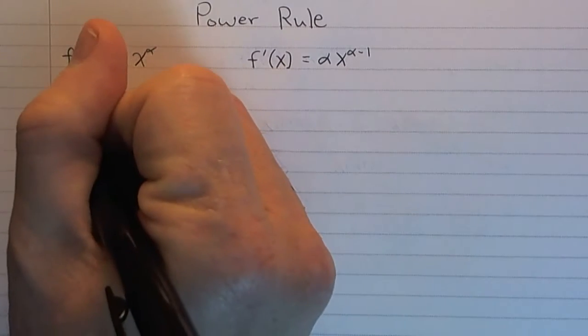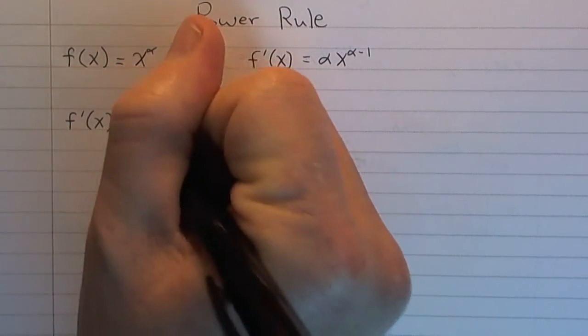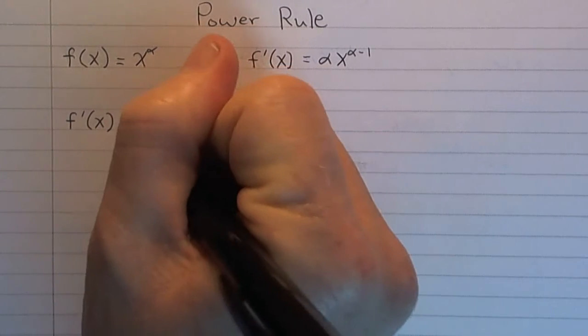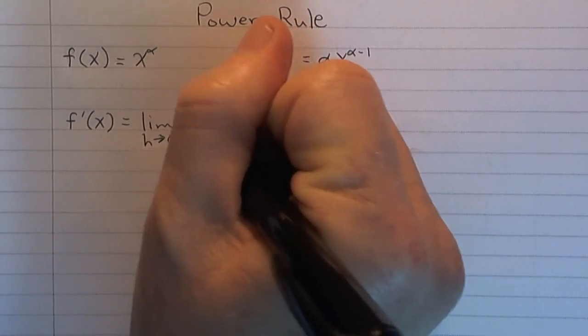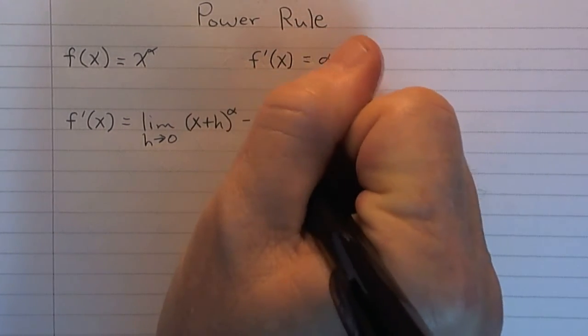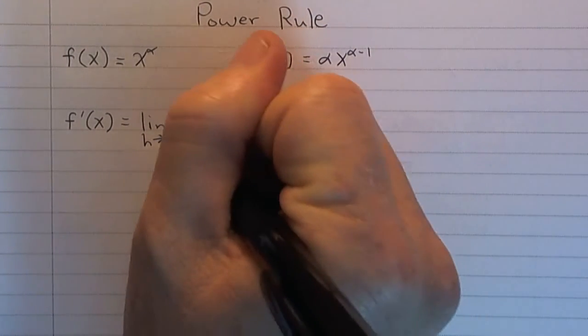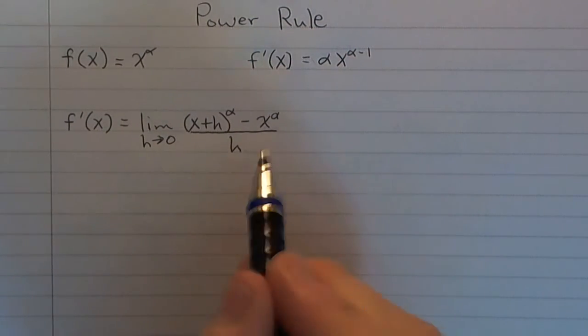Remember, f prime of x is equal to the limit as h goes to 0 of x plus h to the alpha minus x to the alpha over h. This is the way we would do it.